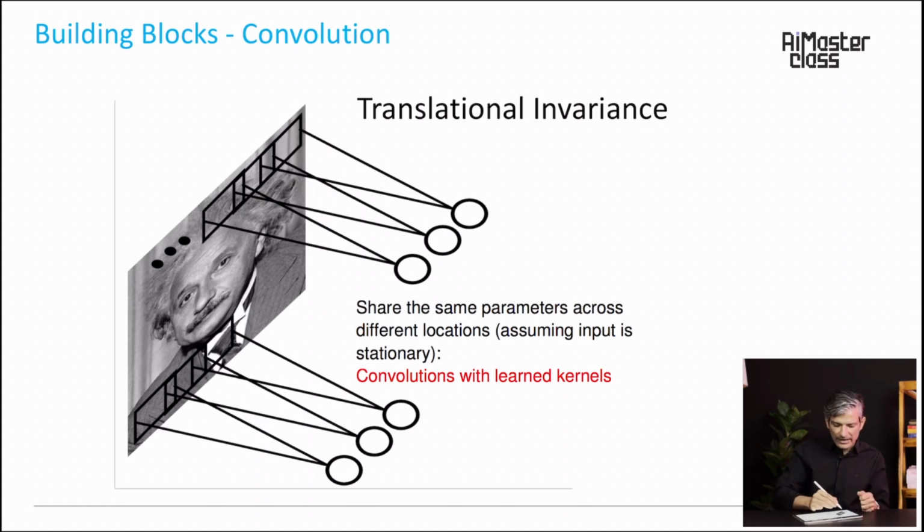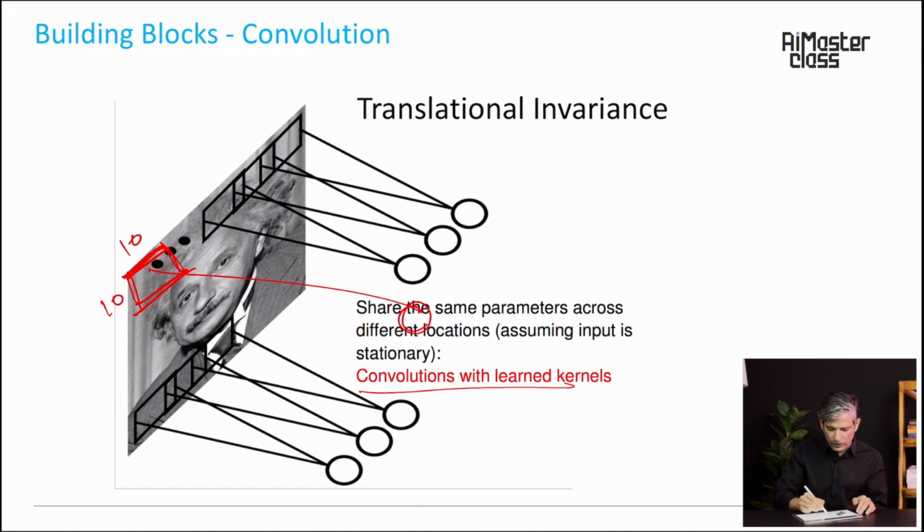This is the convolution with kernels concept. Let's say, like in our previous example, we connect a 10 cross 10 region with one output neuron.